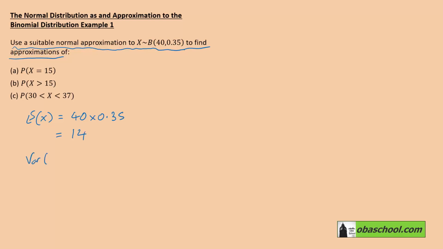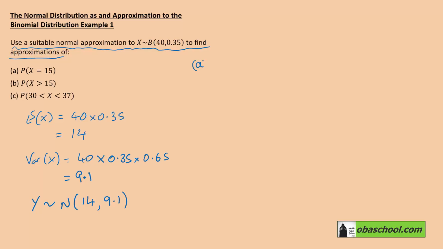And then we need the variance of x, which is 40 times 0.35 times 0.65, and that comes to 9.1. So we'd use a normal with a mean of 14 and a variance of 9.1.